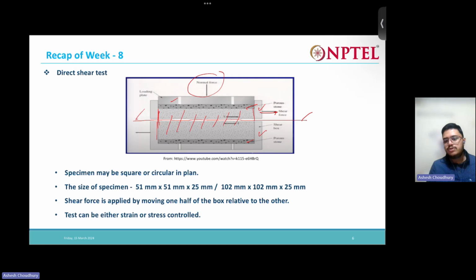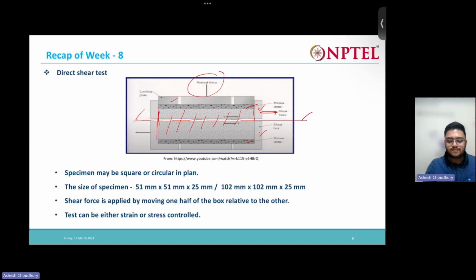We keep applying the shearing force and slowly keep increasing it, shearing the box, and then a point comes where the soil totally fails. We note down all the values, and we will see how we are doing that.